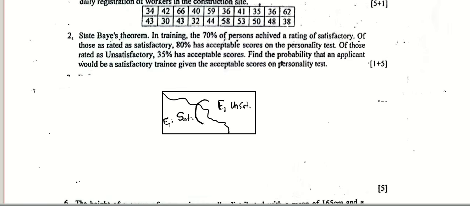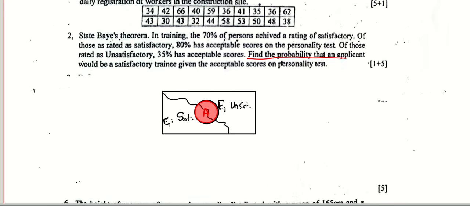And the common thing here, once you read the question, you'll understand the common part. Can you guess what's the common part? Acceptable scores. So that is A. So E1 means satisfactory, E2 means unsatisfactory, and A means they have acceptable score. Now let's go for the last part.